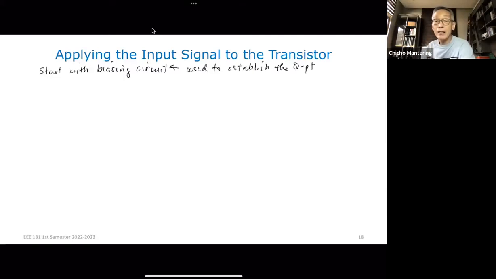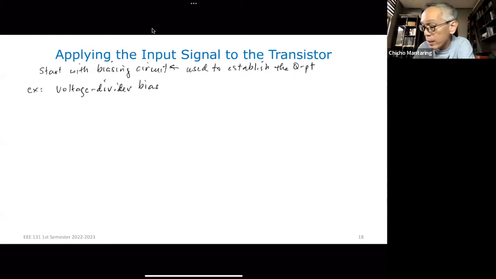And we studied several biasing circuits. So let's say we use the voltage divider bias, or sometimes we call this the self-biasing circuit.